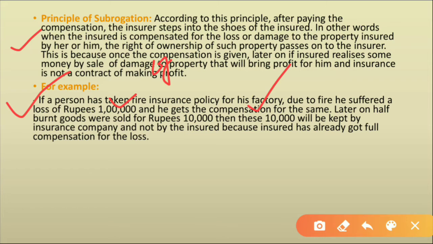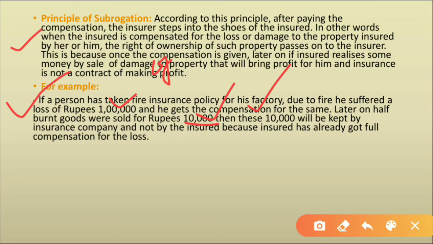उसको 1 लाख का लॉस हुआ है, इंश्योरेंस कंपनी ने उसको 1 लाख कंपनसेट कर दिया है. उसके बाद later on, half burnt goods were sold for rupees 10,000. Now what the person did, after the compensation also the half burnt goods were there, जो आधे जले हुए जितने भी गुड्स थे उसको उन्होंने बेच दिया. बेचकर 10,000 कमा लिया.